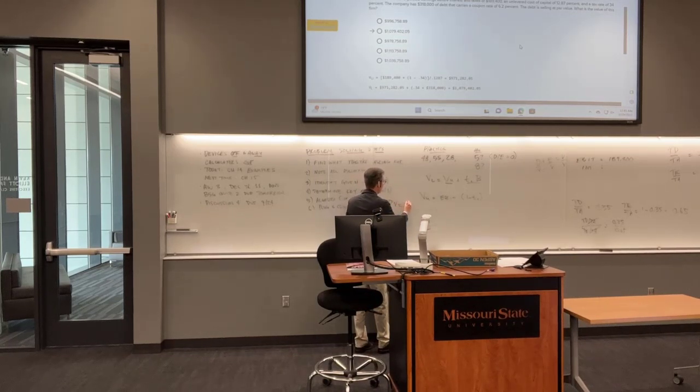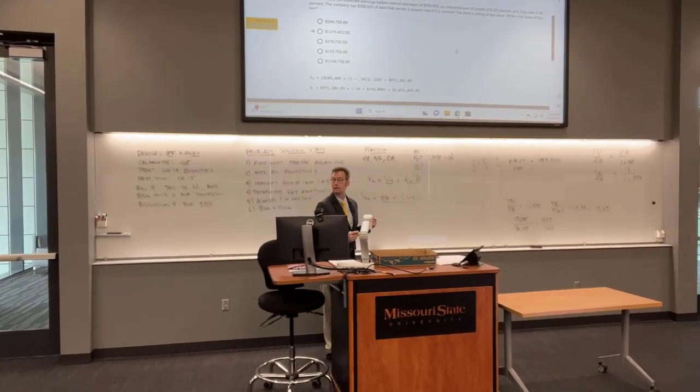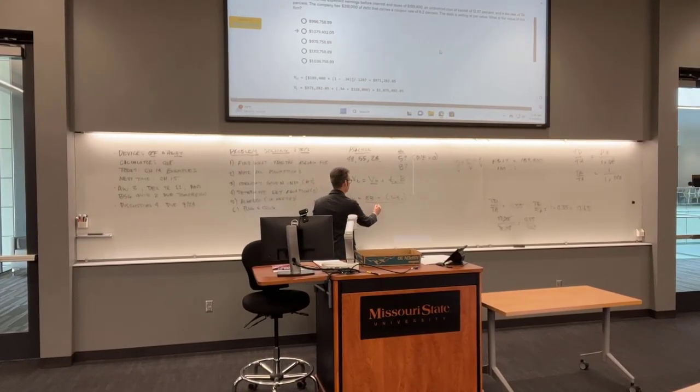And so if I just take that EBIT times 1 minus T sub C, and then, remember, one of the assumptions is that the tax flows, or the cash flows, go on forever. You remember this formula here? The present value of an annuity, or a perpetuity, is C over R. This is our C. And what is the expected return on the unlevered firm? What's the expected return on the unlevered firm?